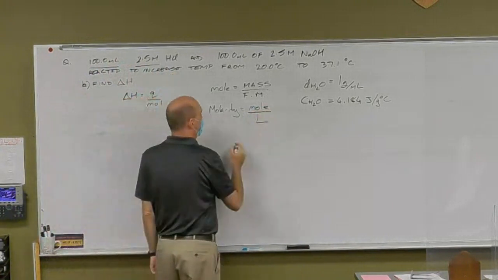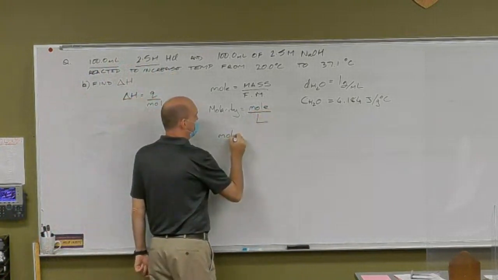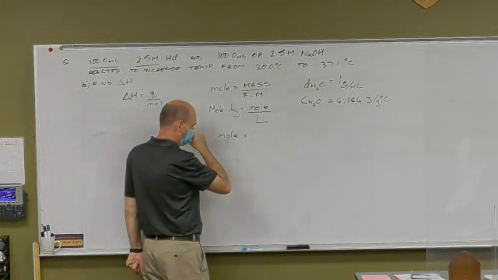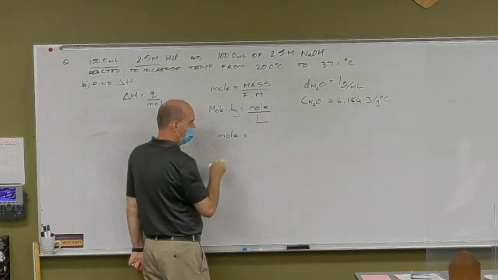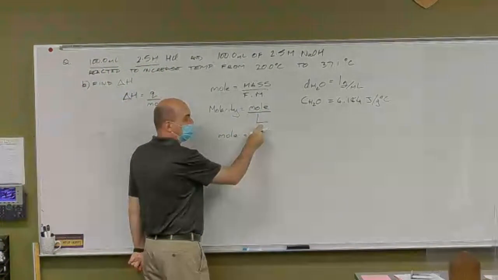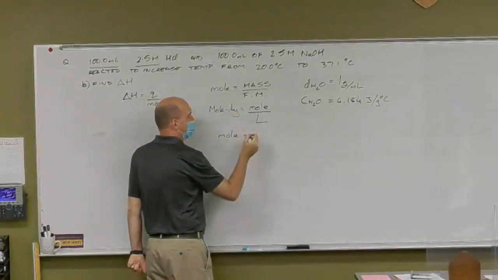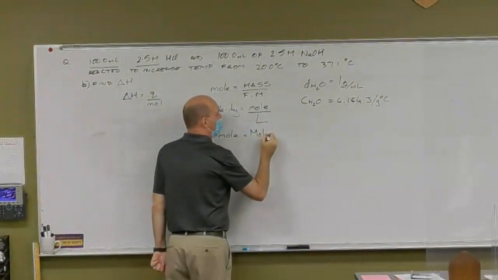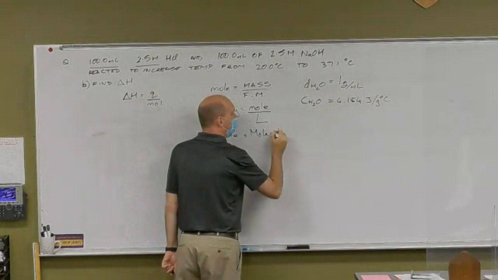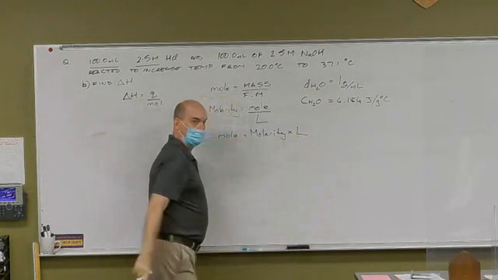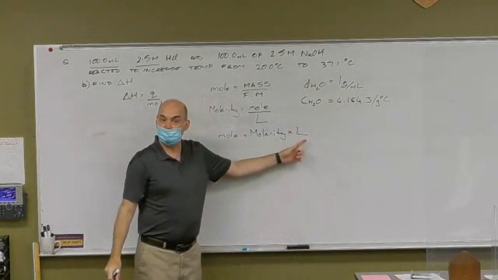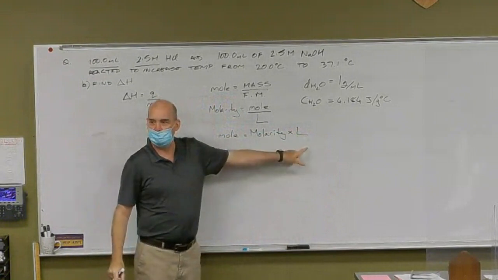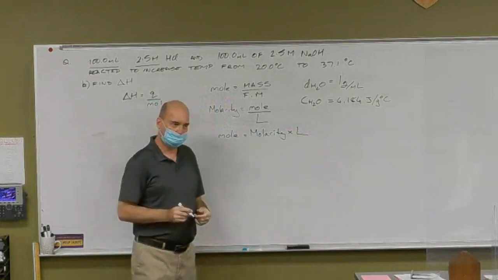So if molarity is moles divided by liters, what is moles equal? I just mean in terms of this. Moles equals molarity times liters. This has to be liters, not just a volume. It must be in liters. Okay?